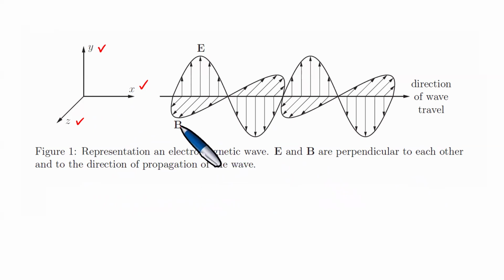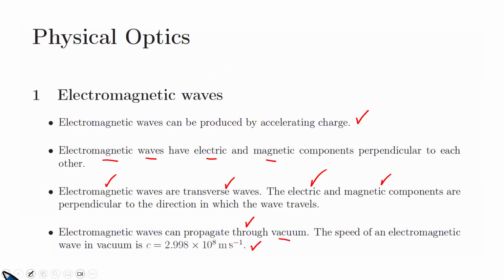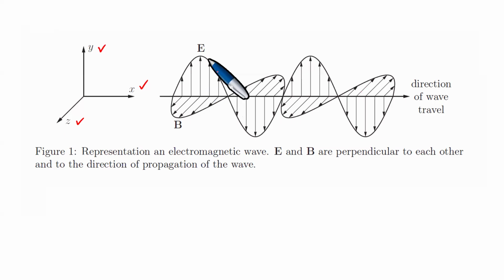So you can see that this becomes the electromagnetic wave, with the electric and the magnetic components, basically perpendicular to each other.